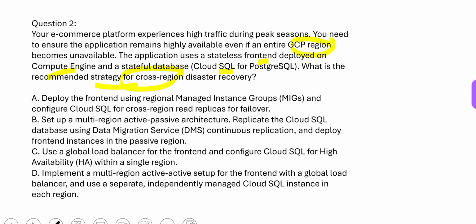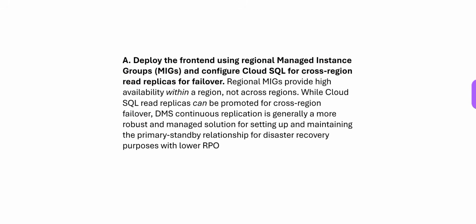Okay, option A says you deploy the front end using MIGs and configure Cloud SQL for cross-region read replicas. See, regional MIGs. MIGs are always regional. So regional MIGs provide high availability within the region. We have to go across the region because we have to shield ourselves against regional failures. So that's why this is wrong. But what about Cloud SQL?